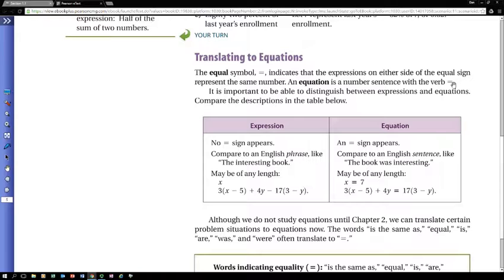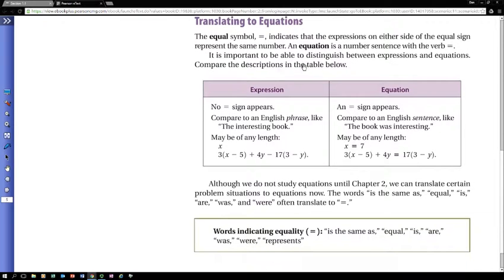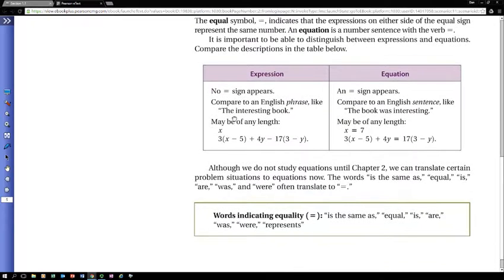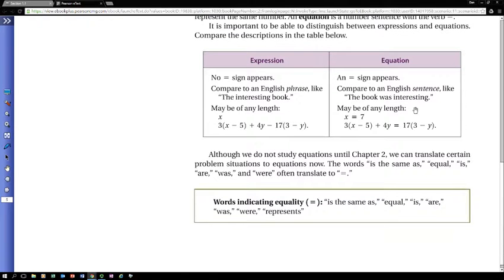And that symbol means equal. So it's important to be able to distinguish between expressions and equations, and that's what they're saying here. Expression, no equal sign, compared to the English phrase like the interesting book may be of any length x, or this more complex one here.